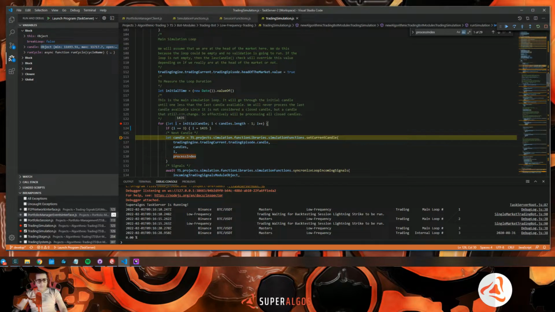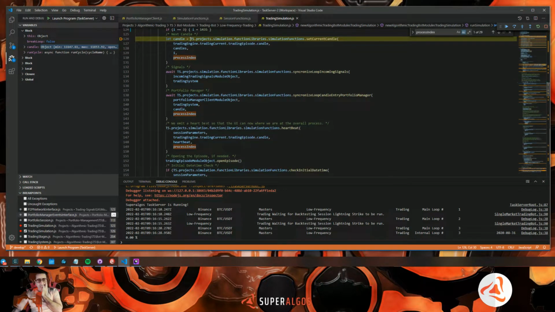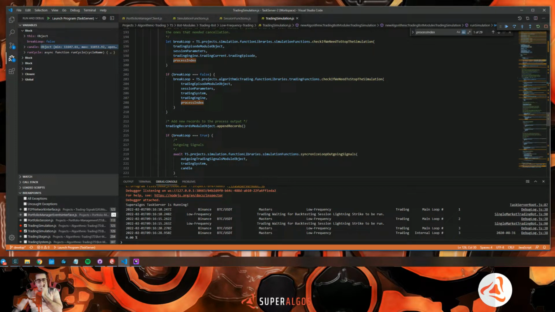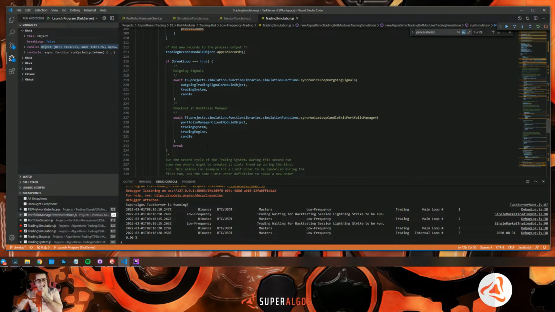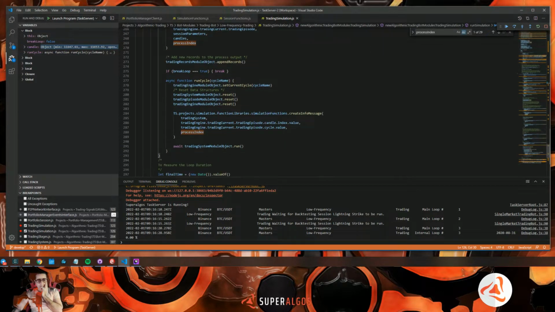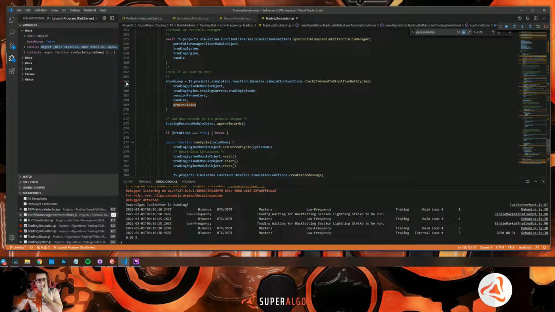Okay. Okay, this was the last candle that was processed by the portfolio manager bot. So do we need to break the loop?